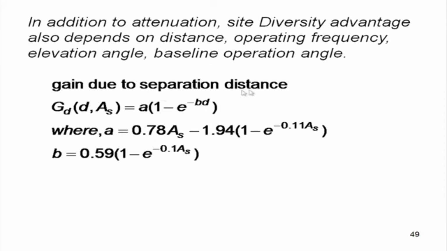Gain due to separation distance, GD, is a function of d, the distance, and the single-site attenuation, modeled with two coefficients a and b: a into (1 minus e to the power minus bd), where a is 0.78 As minus 1.94 into (1 minus e to the power minus 0.11 As), and b is 0.059 into (1 minus e to the power minus 0.1 As). These are modeled and available from ITU.